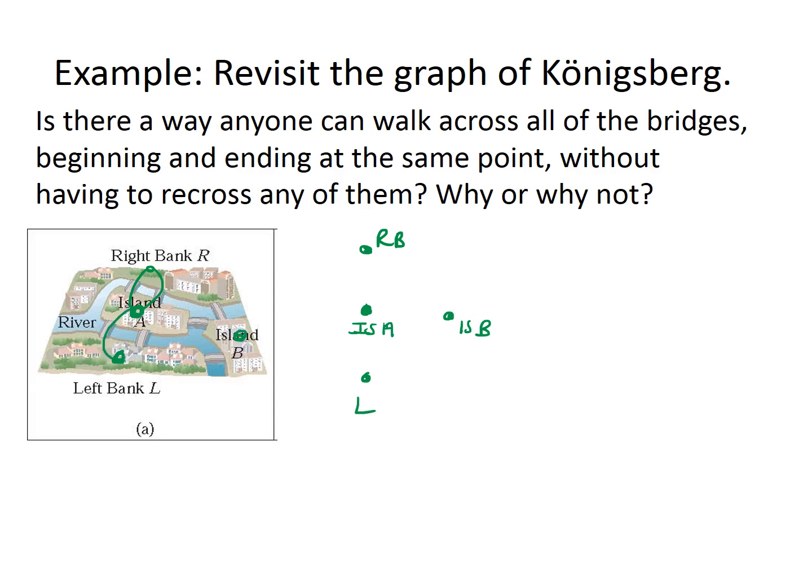And from here to here, there are 2 bridges. So we put 2 edges. All right, and from island A to the left bank, there's also 2. And there's a bridge here, a bridge here, and a bridge here.